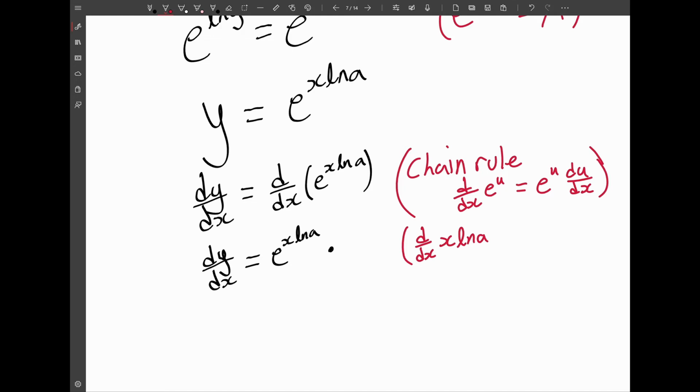So the derivative of ln a times x is just going to be the natural log of a, right? Ln a is just a number. So its derivative is really simple.